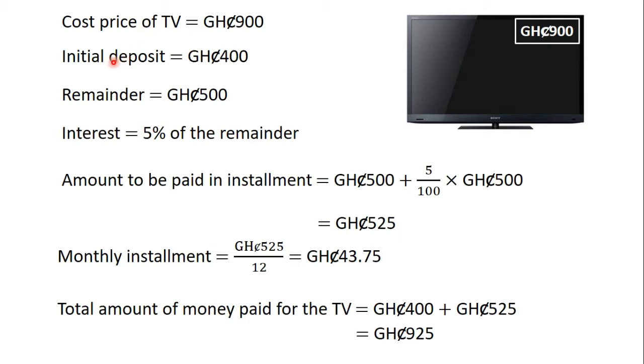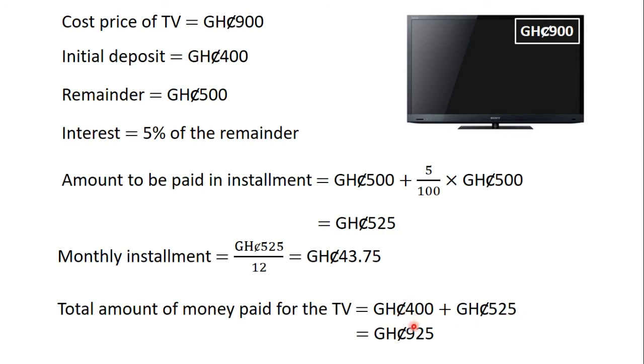So Kofi paid an initial deposit of 400 Ghana cedis, and at the end of each month, he paid 43 Ghana cedis 75 pesewas for 12 months. So in total, the amount of money he paid for the television is equal to the initial deposit, which is 400 Ghana cedis, plus the amount of money he paid in installments, which is 525 Ghana cedis.